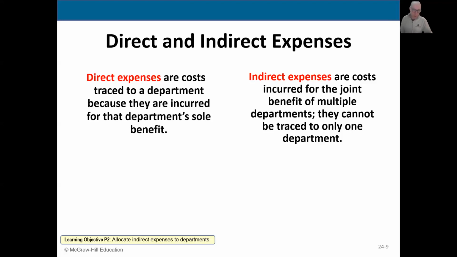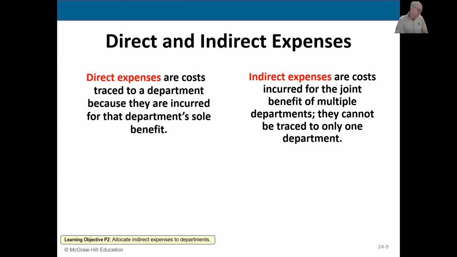Incurred means that those costs happened in that department for that department's sole benefit. The reason why a cost happens is because we're trying to generate revenue. The revenue from the sales is the benefit.